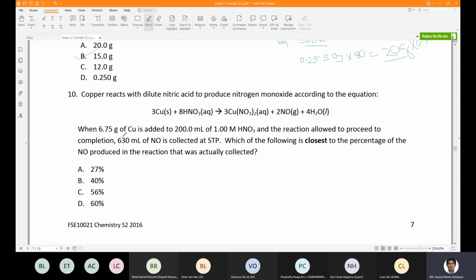When 6.75 grams of copper is added to 200 milliliters of 1 molar nitric acid, and the reaction is allowed to proceed to completion, 630 milliliters of nitric oxide is collected at STP. Which of the following is closest to the percentage of nitric oxide produced in the reaction that was actually collected?